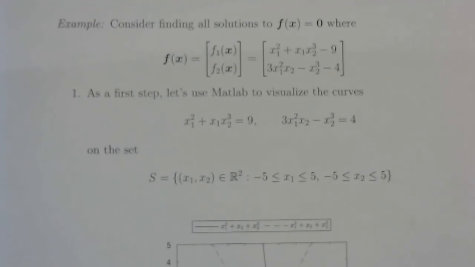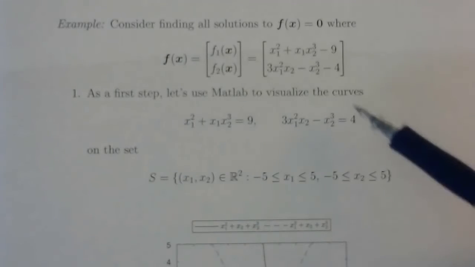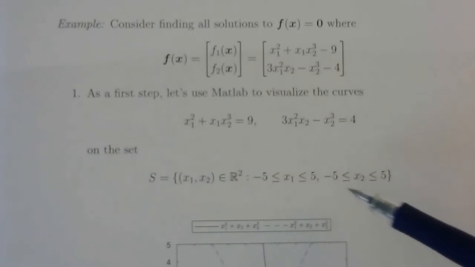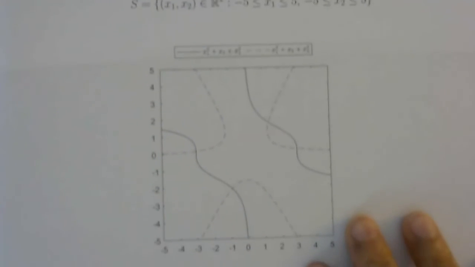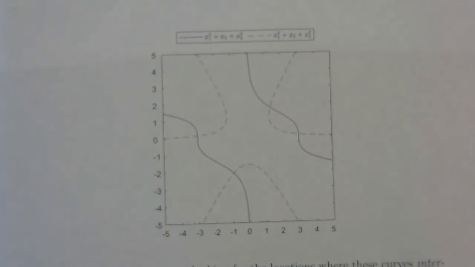Let's try and find all the places where f of x is equal to 0, where f of x is this vector valued function of two variables, x1 and x2. So first step, let's use MATLAB to visualize these curves. I can think of these as level curves in 2D. I'm going to look on the set -5 to 5 in both x1 and x2. And you'll see it in the PDF in color, but this plot looks like this.